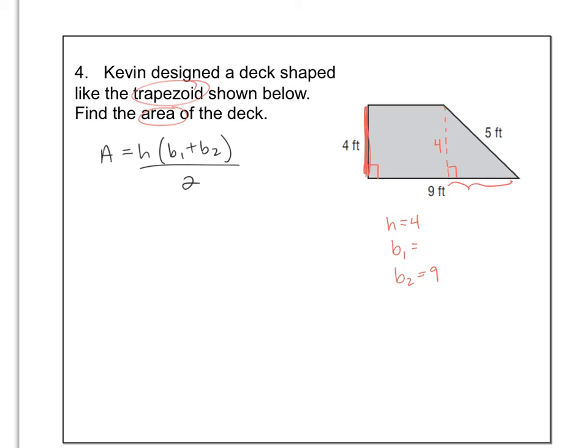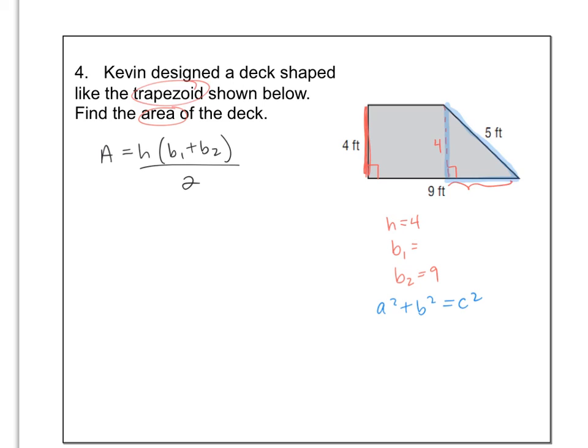And the reason that will be helpful is because then if I subtract that distance from 9, I'll know this distance over here, which will be the same as the top base. So to start, I'm going to do a little Pythagorean theorem. I'm going to do a little a squared plus b squared equals c squared, and I'm going to use this triangle, I'm going to outline it in blue here, over on the right.